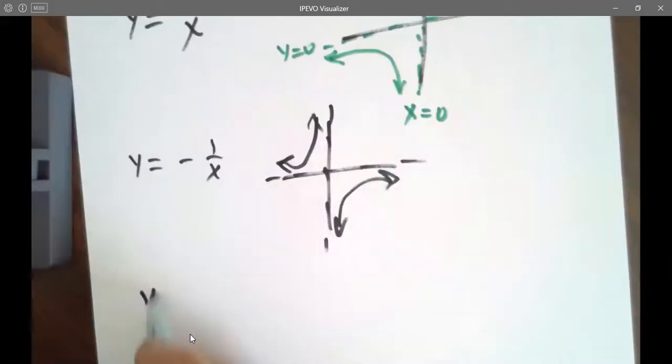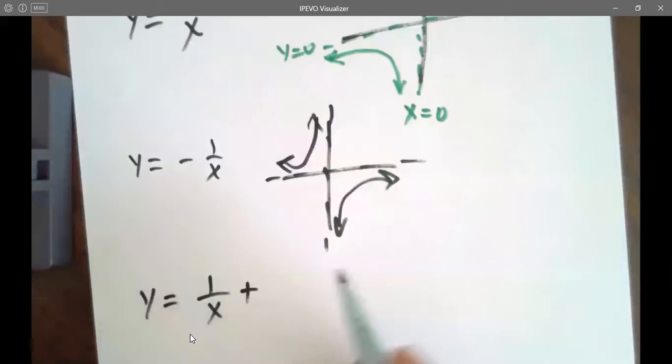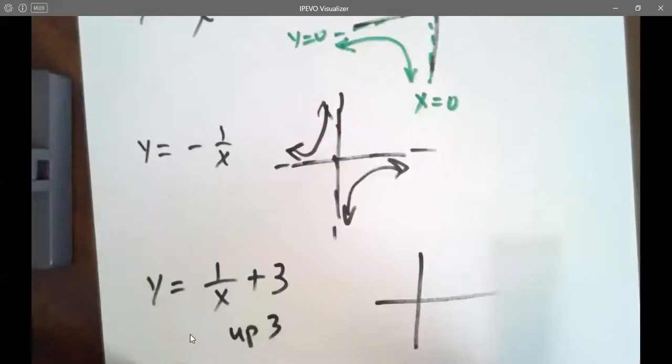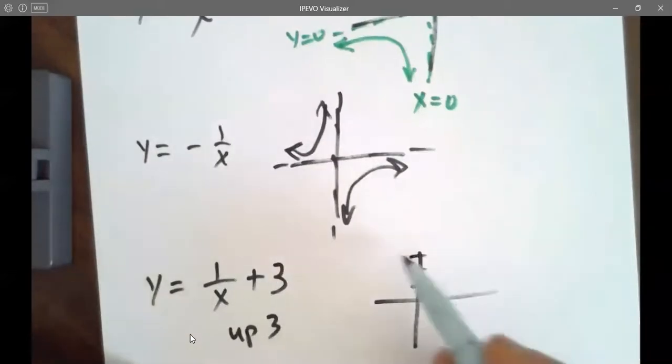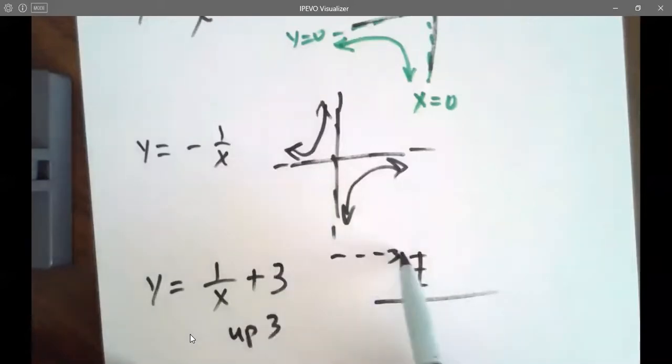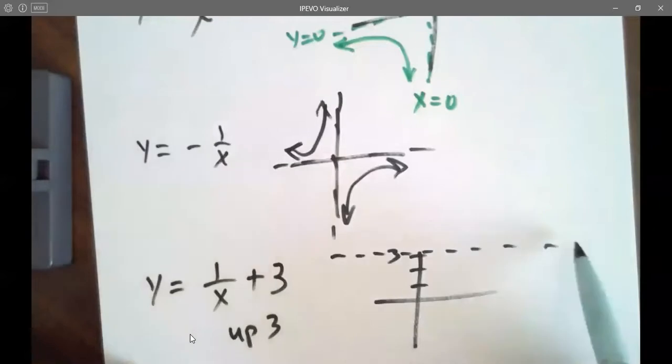If you get y equals 1 over x plus, let's say, 3, that's going to make it go up 3. So it's like outside of the parentheses. So this is 1, 2, 3. Now this horizontal asymptote is here at y equals 3.